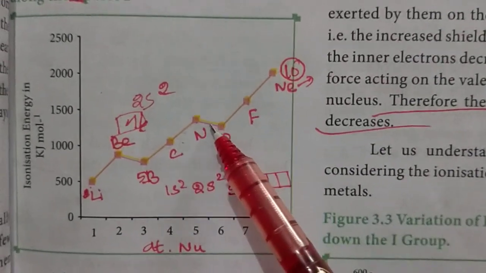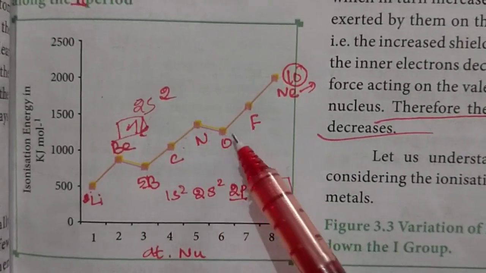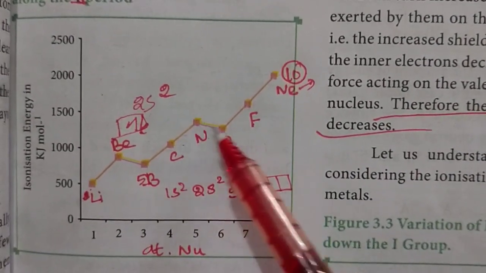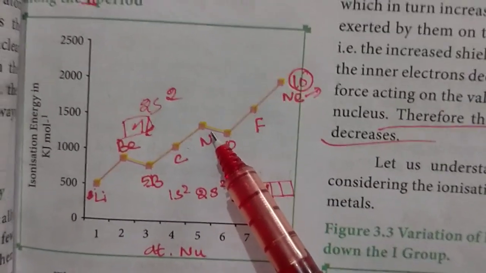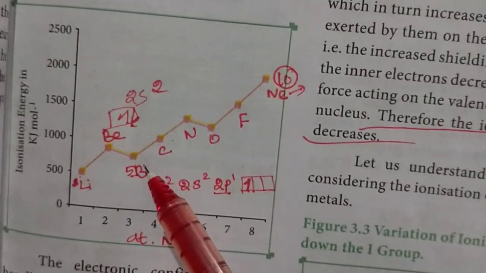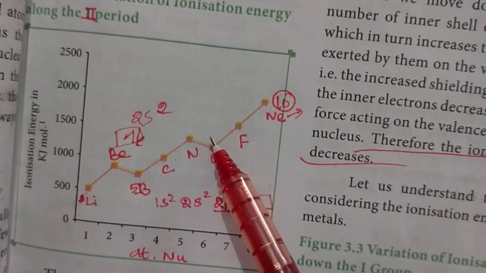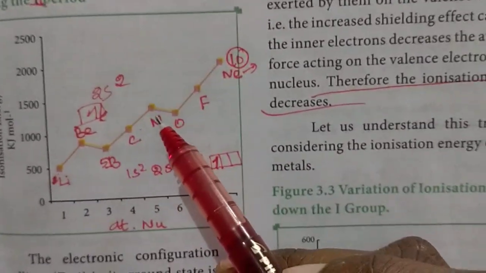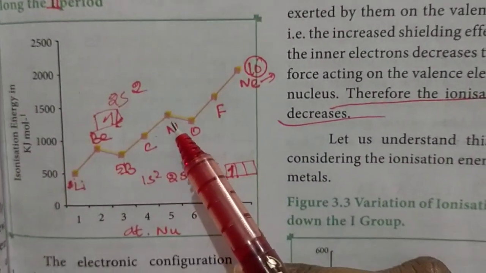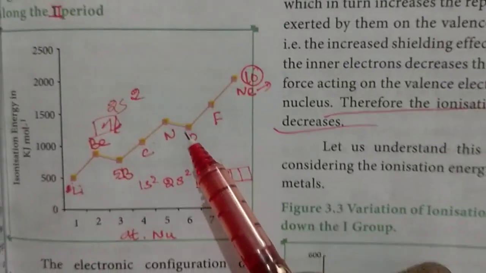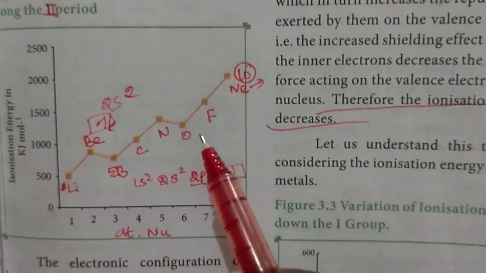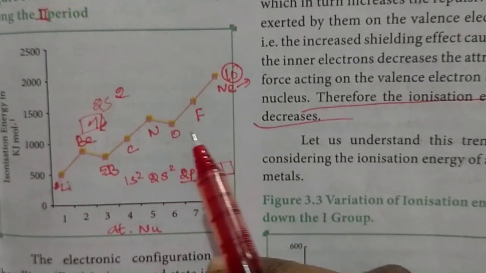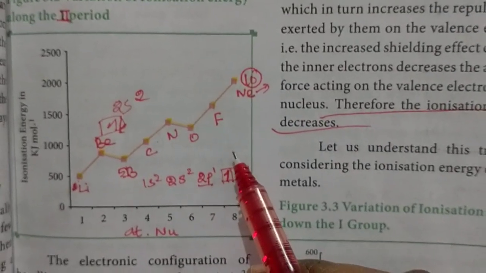The nitrogen is higher than the oxygen. As with beryllium and boron, the ionization energy is higher in nitrogen than oxygen, and it is explained with the stability of orbitals and the electronic configuration.